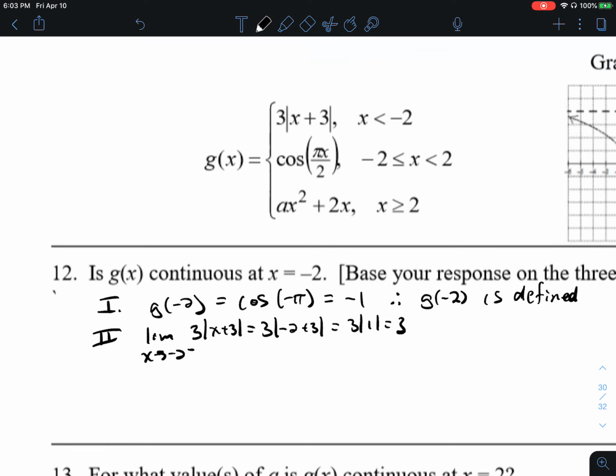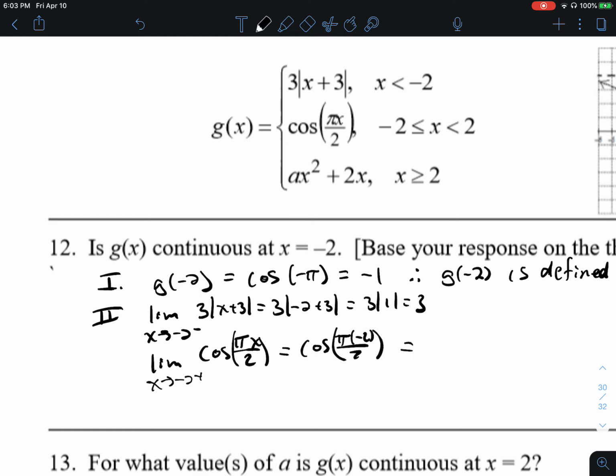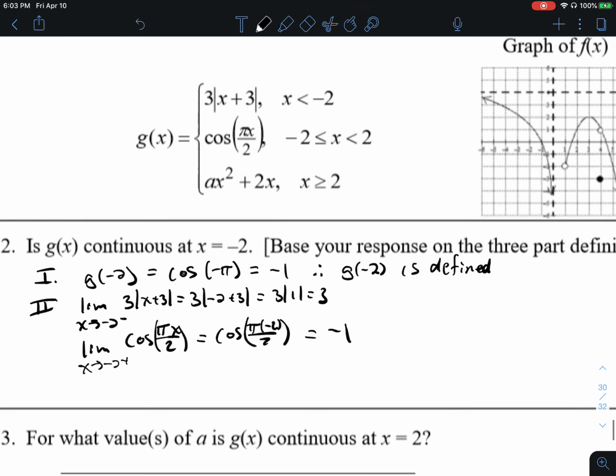It's going to be 3. From the right is going to be cosine of pi times x over 2. We've already established that's negative 1.